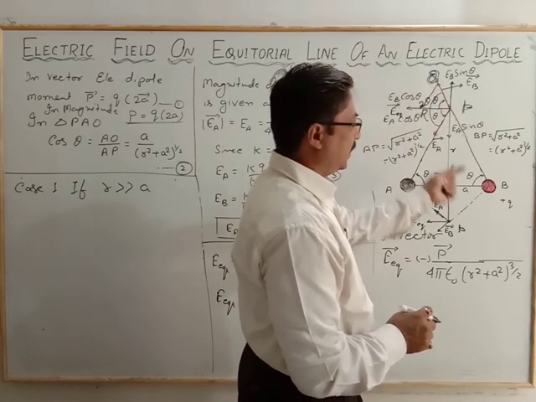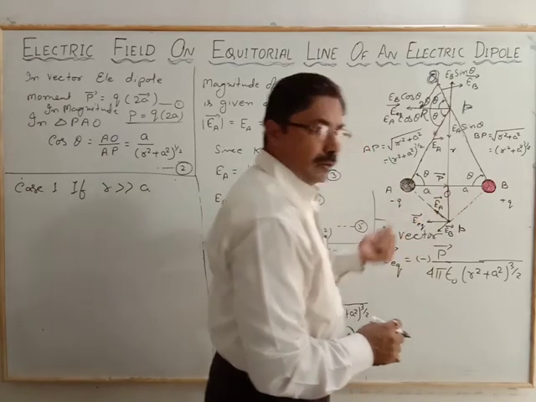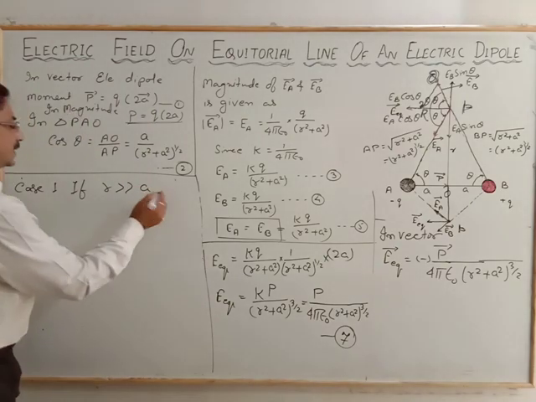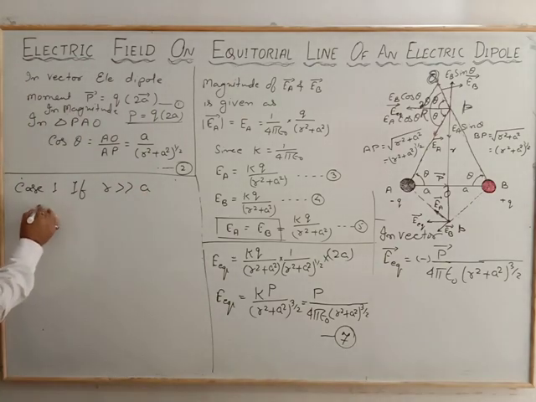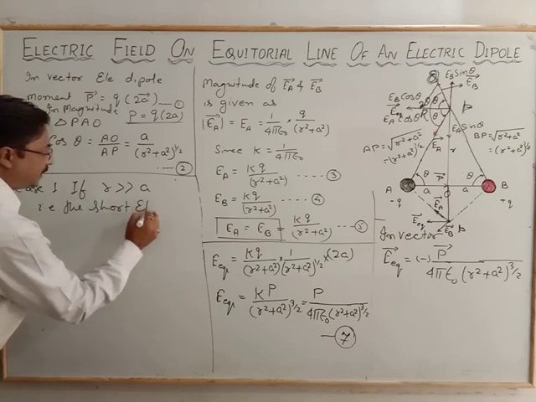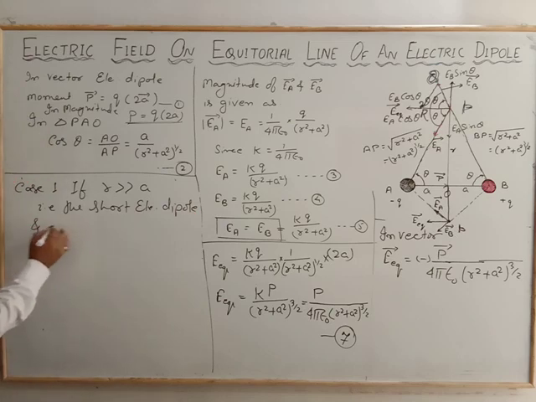If it is much greater than the distance from the center of the dipole to the charge, in that case we consider it a short electric dipole.